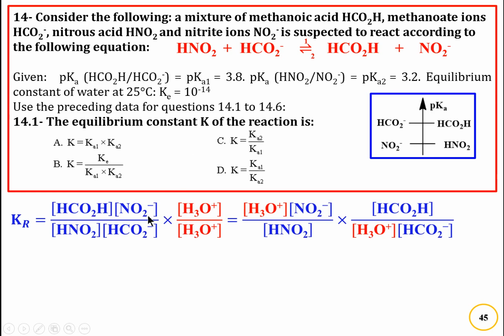So HCOOH times NO2 minus concentration divided by HNO2 and HCO2 minus.